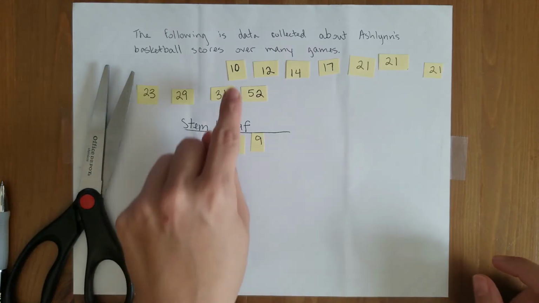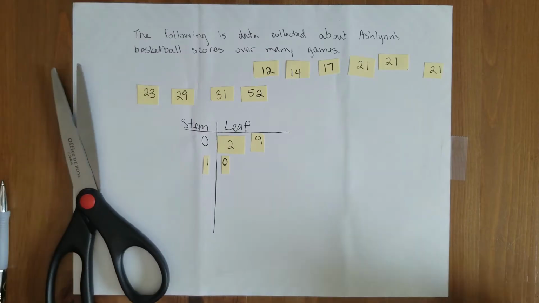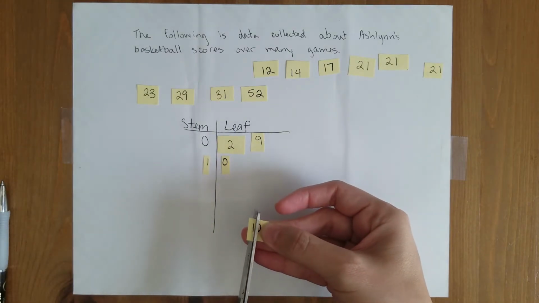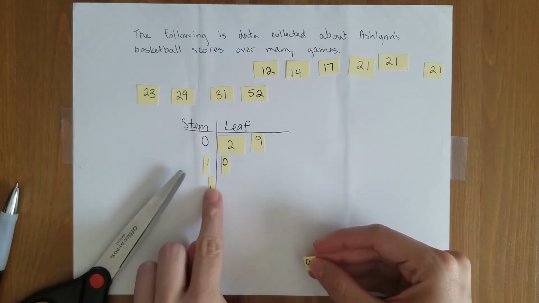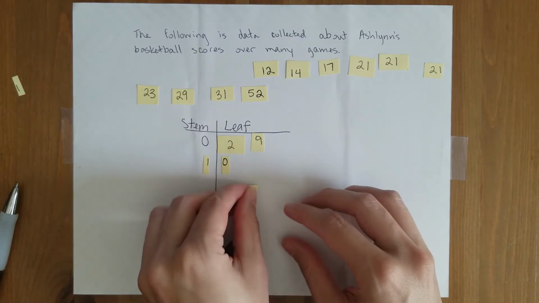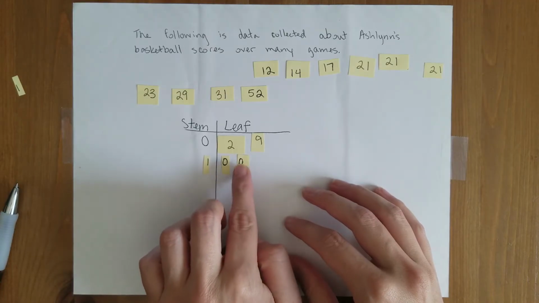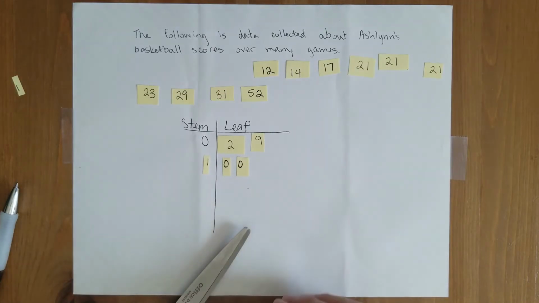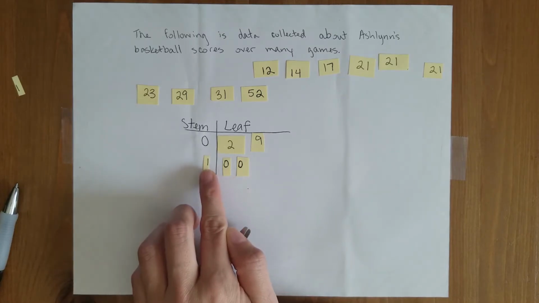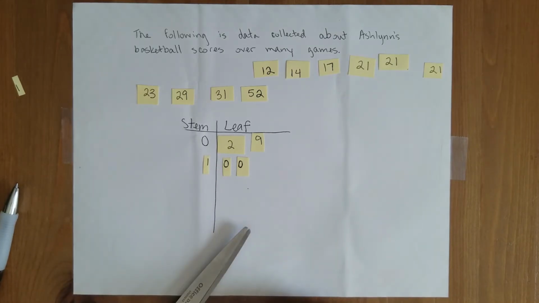There's also another game where they scored 10 points. It has a stem of 1. We already have a stem of 1, so we don't really need this digit. But we have to keep the 0 for a second leaf, because this shows us that they scored one game of 10 points and another game of 10 points.